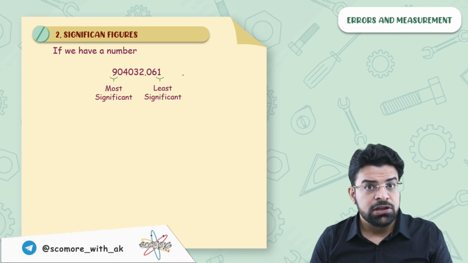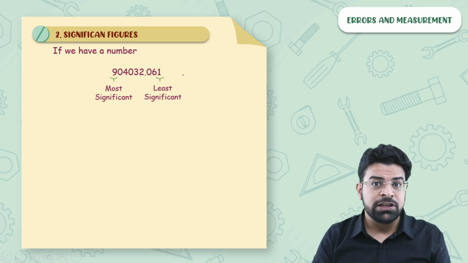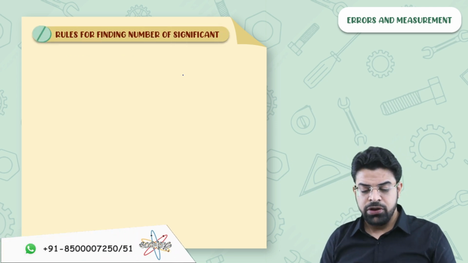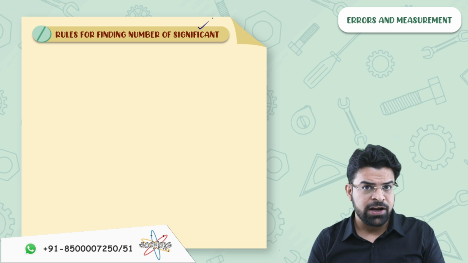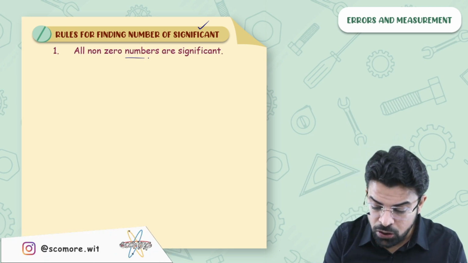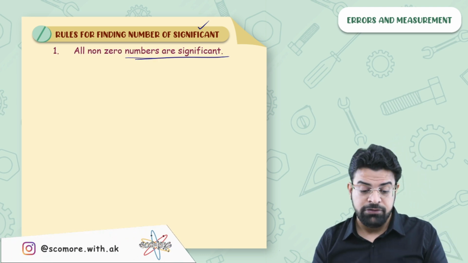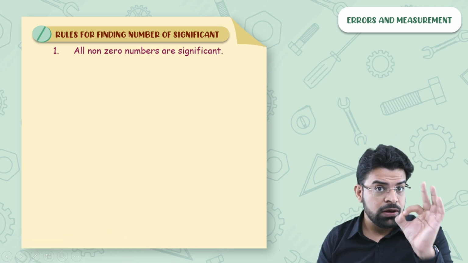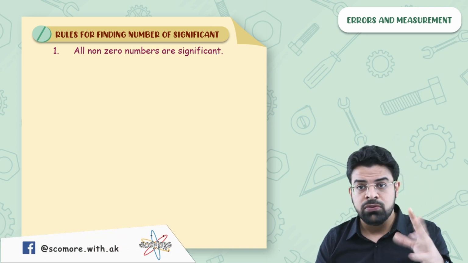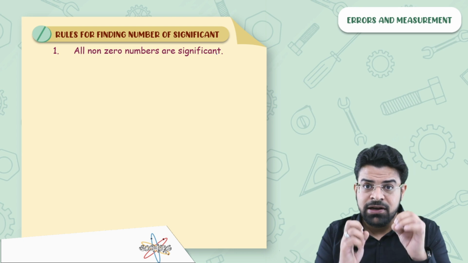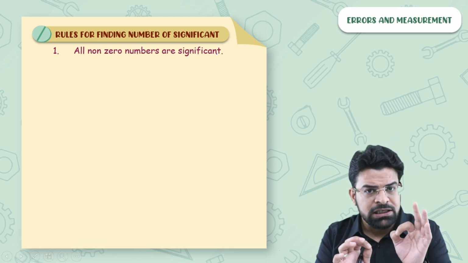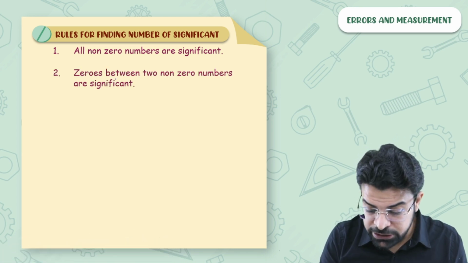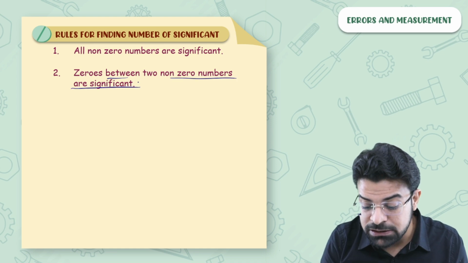Now we will learn the rules of finding the number of significant figures. The first rule: all non-zero numbers are significant. So 1, 2, 3, any digit written apart from 0, those are significant. Second, zeros between two non-zero numbers are significant.